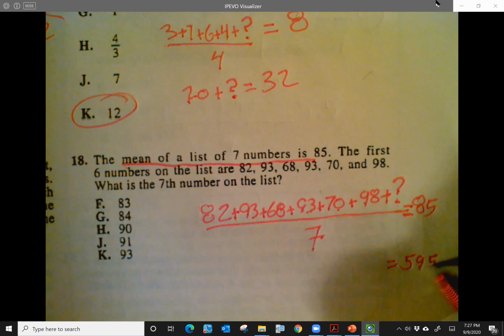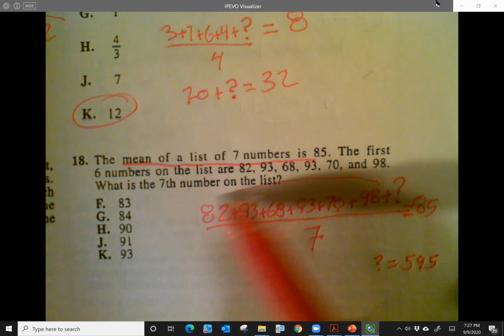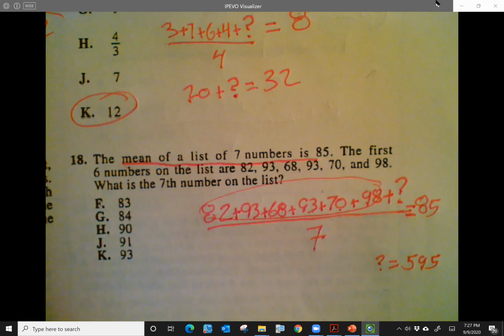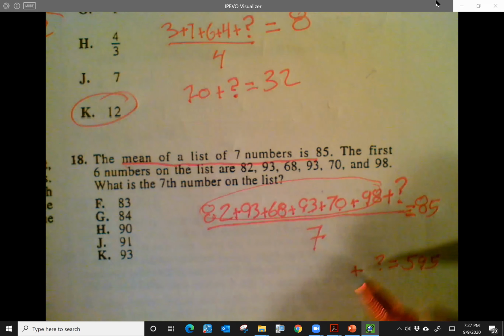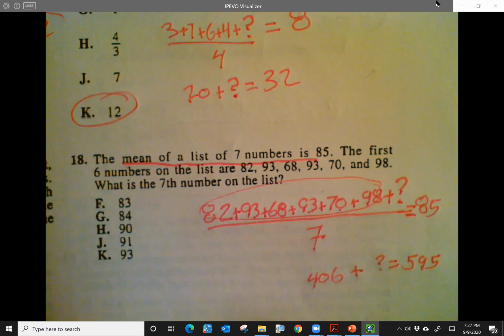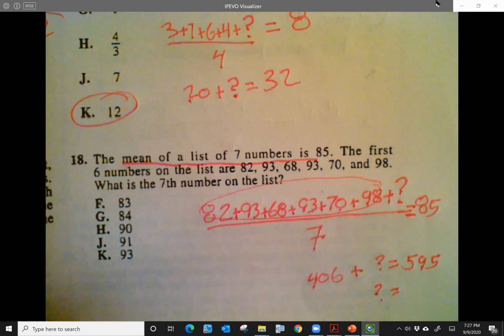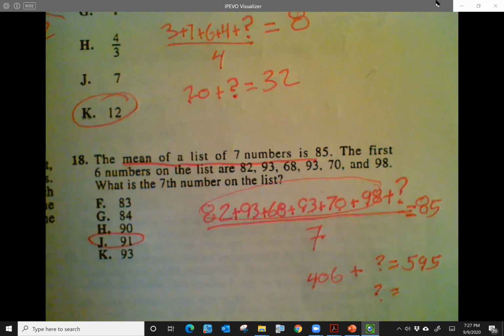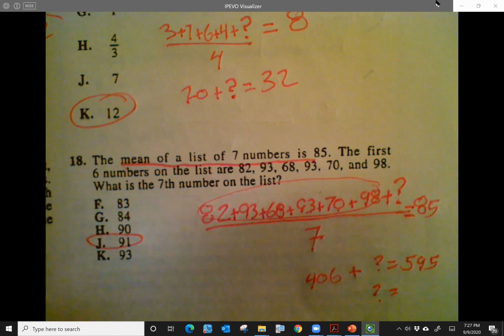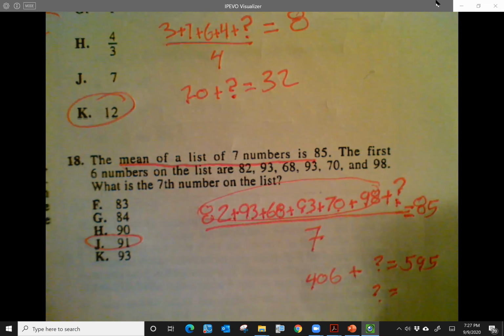And then if I add up all these numbers, and again, Alex, use your calculator, you get to use it on all these questions, 93 and a 70, that adds up to, I think, 406. And so that means the question mark has got to be letter J. So this is like a guess, right? We're not sure what that is in this kind of question.